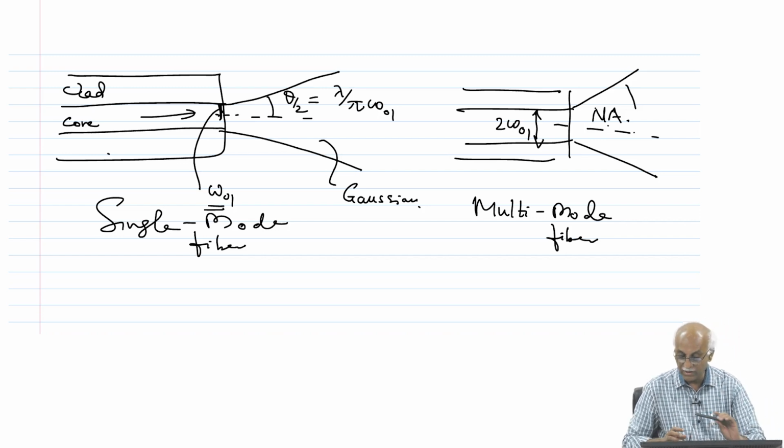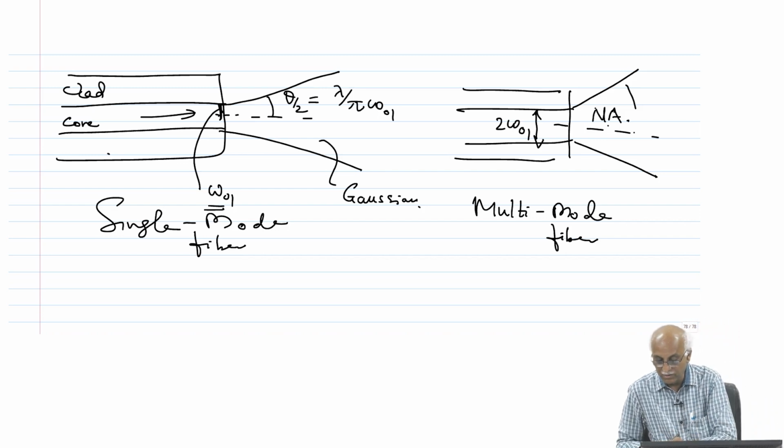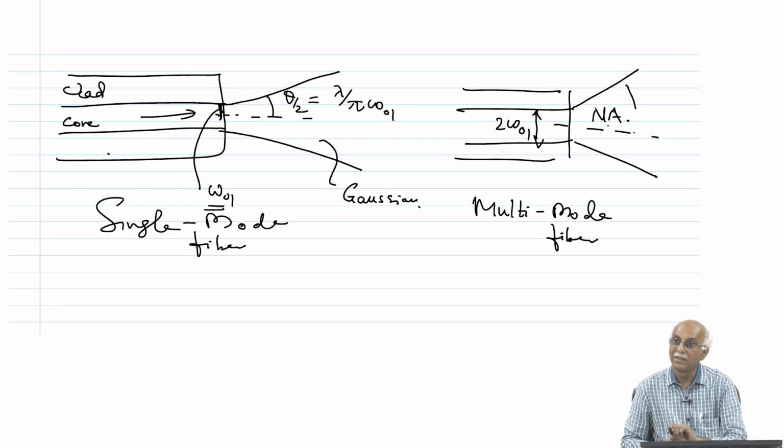I thought today I will start with another topic related to optical sensors. We will try to cover in a couple of lectures quickly what are the different types of optical sensors that we use.